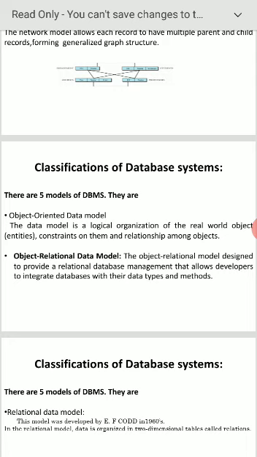Next, we will pass on to the object-oriented data model. The data model is a logical organization of real-world objects. Object is nothing but the entity, thing, with constraints on them and the relationships among objects. A data model that captures these is an object-oriented data model.